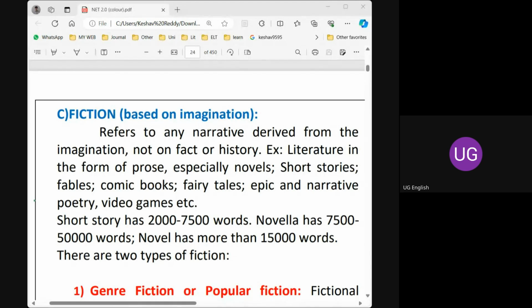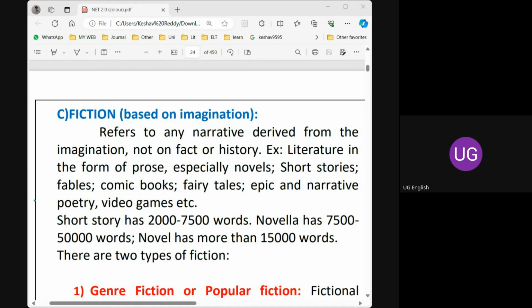Generally in literature, in fiction, we have novels, short stories, comic books, fairy tales, and narrative poetry. All these are fictional.